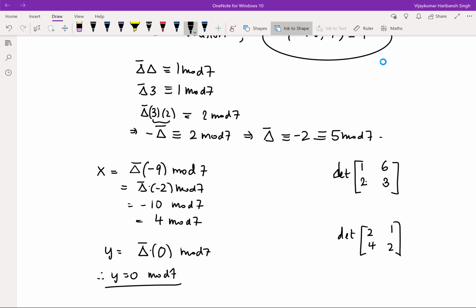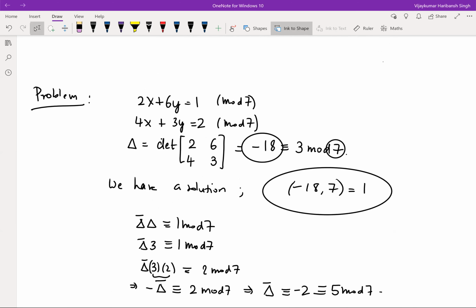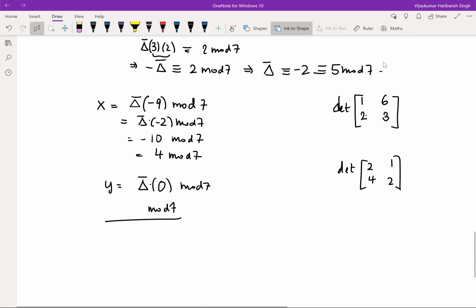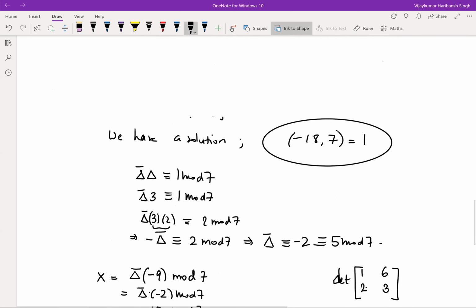I mean, if you want, we can check it. So x is 4 and y is 0. Although we don't need to check the solution, this is just for the fun sake. No need to check it because our theory is robust. So what do we have?